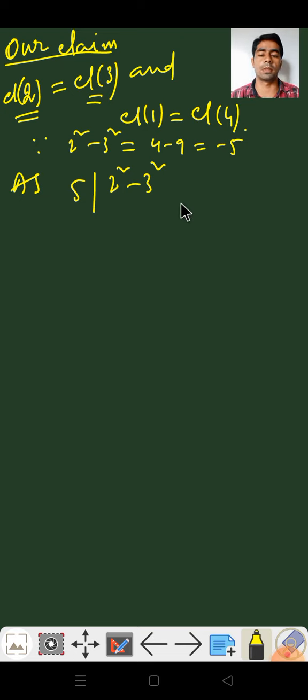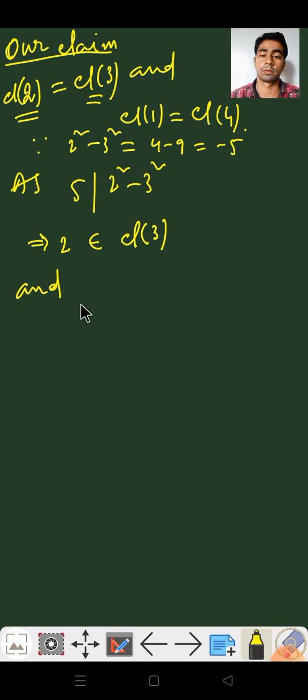Which implies that 2 belongs to class of 3, and similarly 2 belongs to class of 2. So 2 is the common element between class of 3 and class of 2.